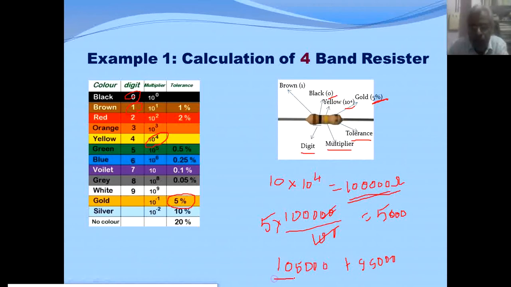Its maximum resistance will be 1,05,000 and minimum resistance will be 95,000 ohm. So this tolerance shows the highest and lowest resistance value of this resistor due to manufacturing defect. So these are the different calculations.